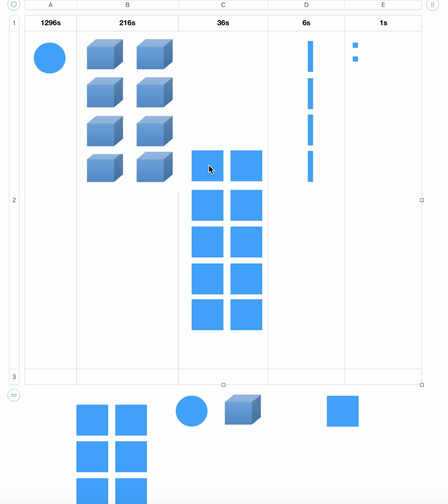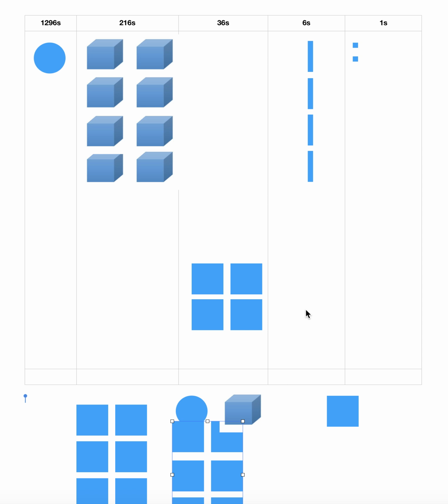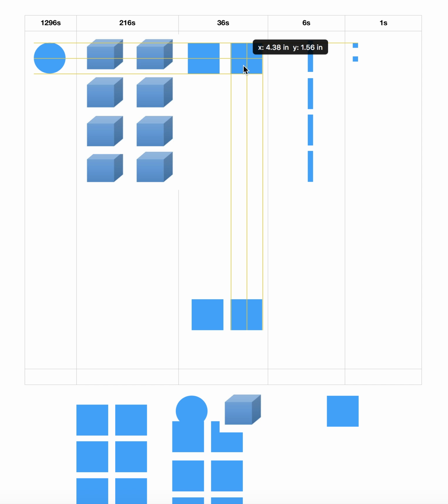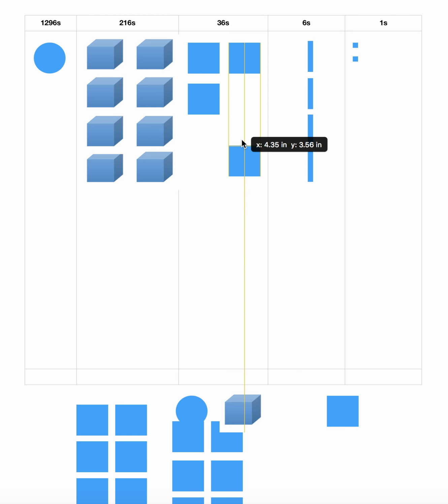All right, and we have another group of 6, 1, 2, 3, 4, 5, 6 right here. And I'm going to take those away as well, put those down in the bottom. And what we're left with is 4 in the 36s. So since that is less than 6, we are done in this group.